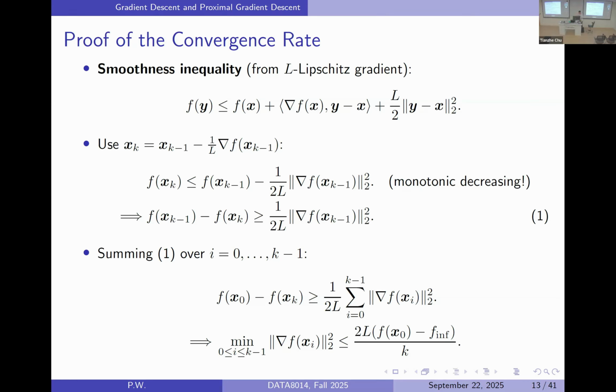This derivative is with respect to t, dt, not dx. It is a scalar. And plus the inner product with y minus x. Since in this term there is no dependence on t, then we can further show that we get f(y) minus f(x). Remove this term to this side. Reorganize it.